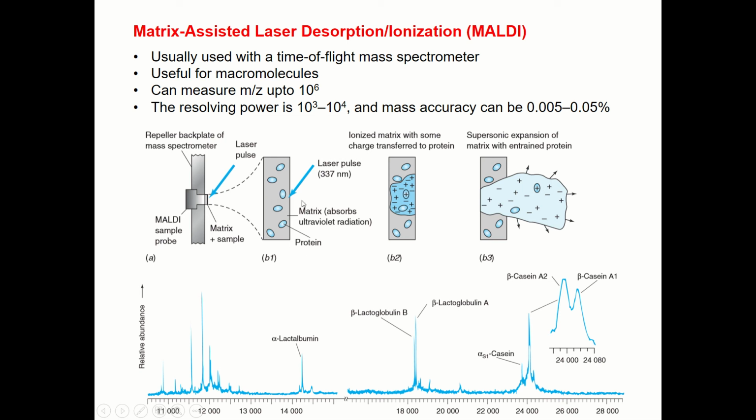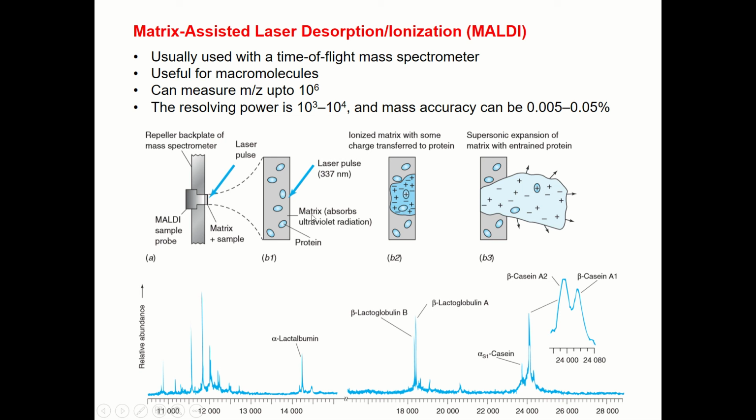Then you shine a laser pulse onto this part. Since the laser pulse has high energy, the matrix and your analyte are ionized, with some charge transferred to the protein.